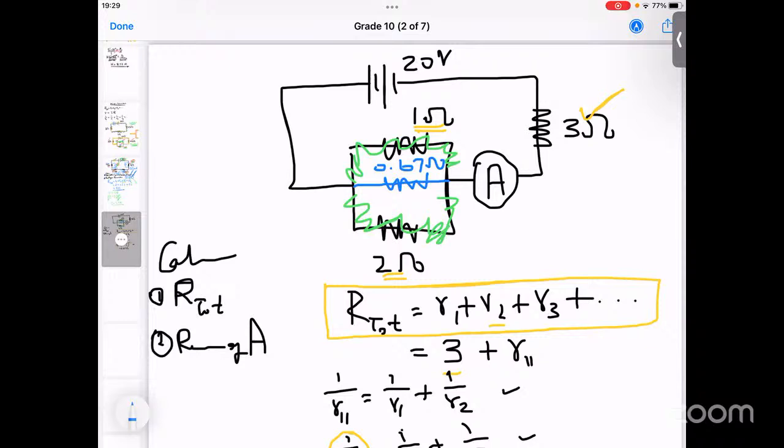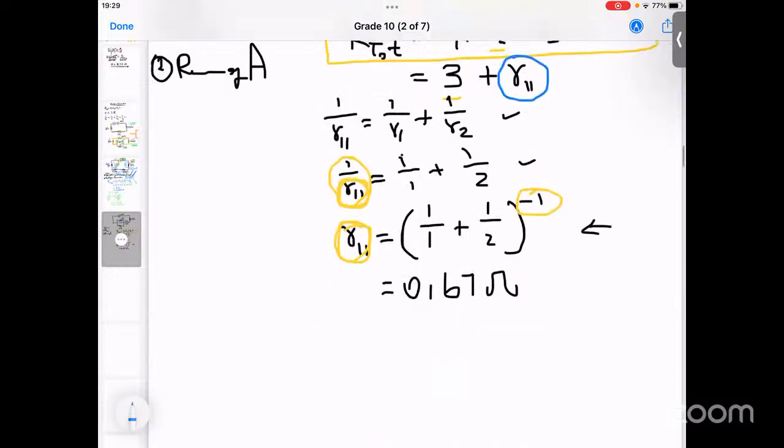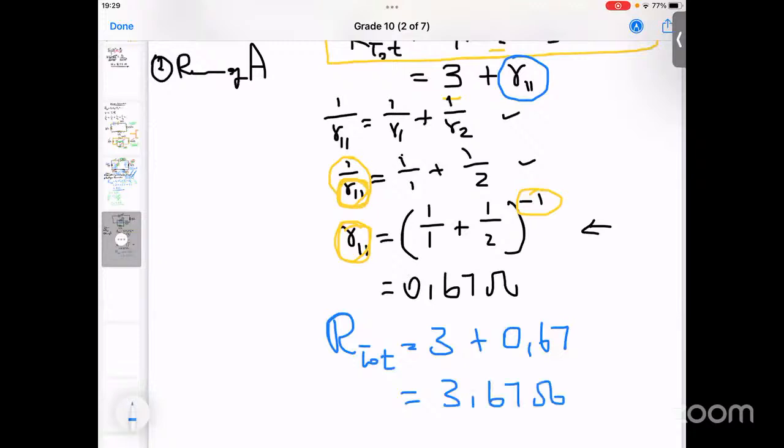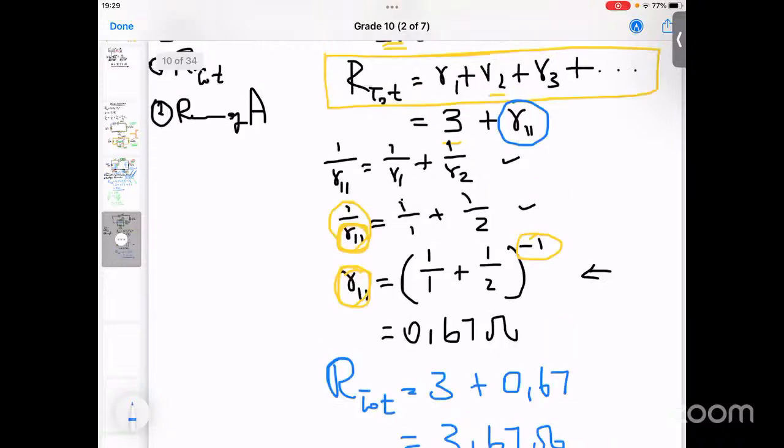Why did you do that? So that you can substitute it in this formula and know your R total. So R total will be equal to that 3 plus 0.67, which is 3.67 ohms. That's how you calculated your R total.